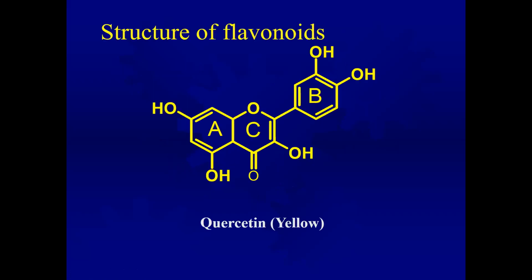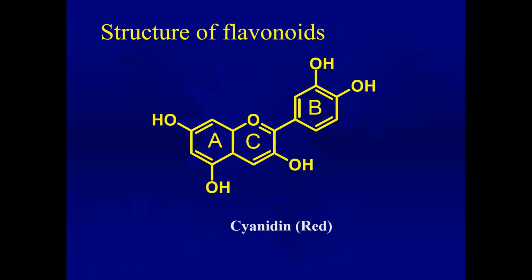Regarding the structure of flavonoids, quercetin is yellow, and the colors are very different. Catechin is white, and cyanidin is red. Cyanidin is the pigment present in the flowers and even in the leaves. Most red flowers have cyanidin.